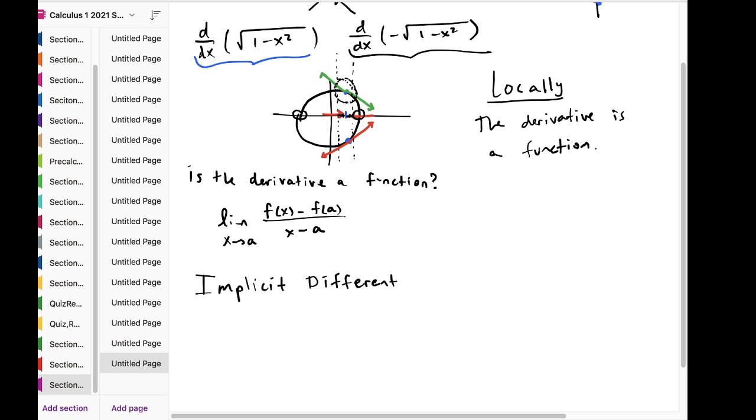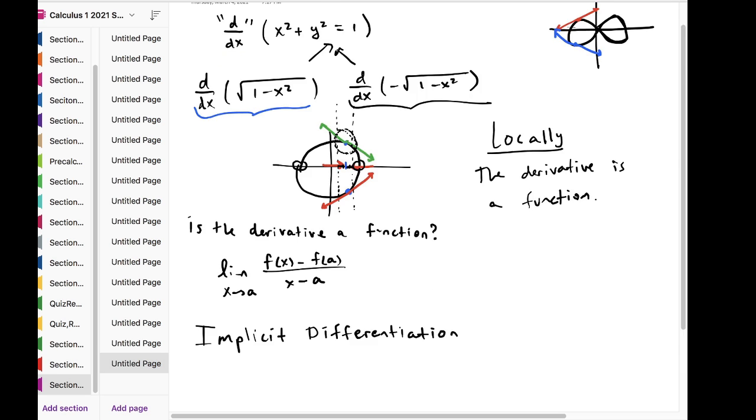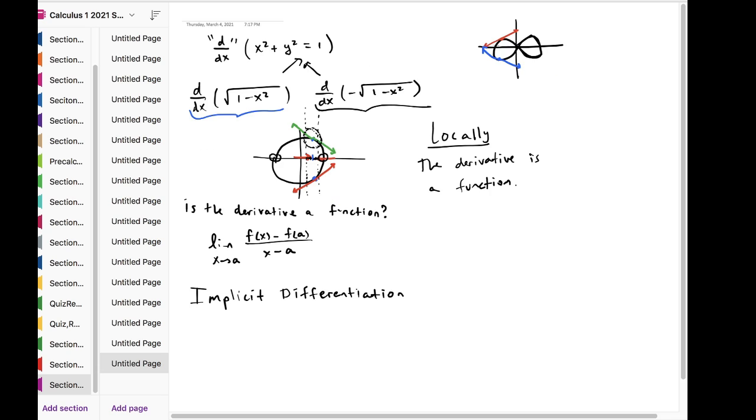So it's a way to understand the derivative. Really, the derivative is at a point. You really shouldn't think of the derivative as a function, because oftentimes, particularly like the circle or this infinity sign, you cannot see the derivative as a function.